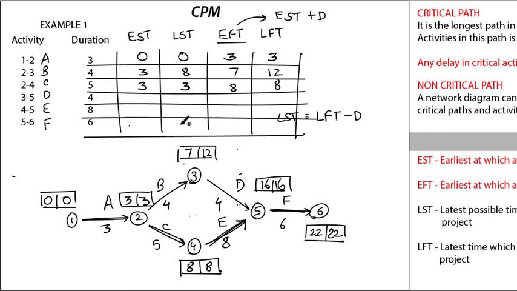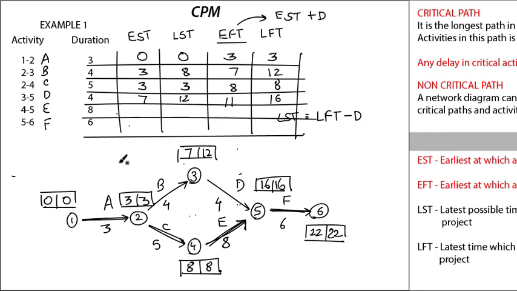Similarly for D, earliest start time is 7 and earliest finish time will be 7 plus 4, that is 11. Latest finish time will be 16 and 16 minus 4 will be 12. So 7, 11, 12, 16.